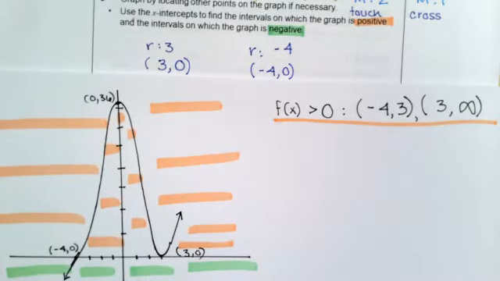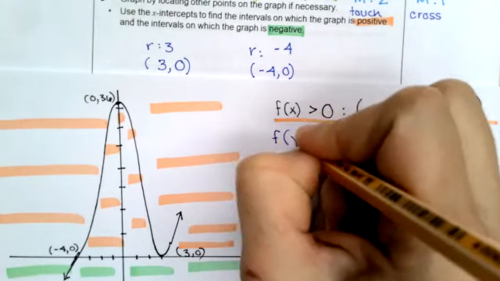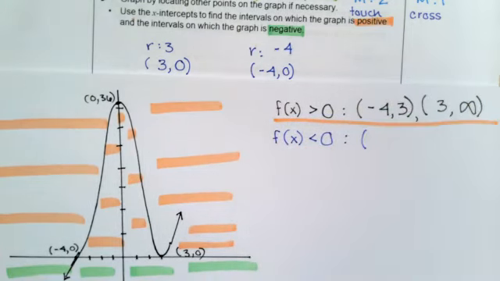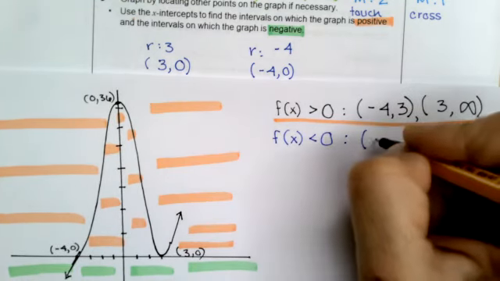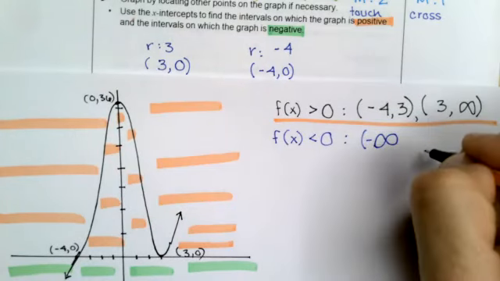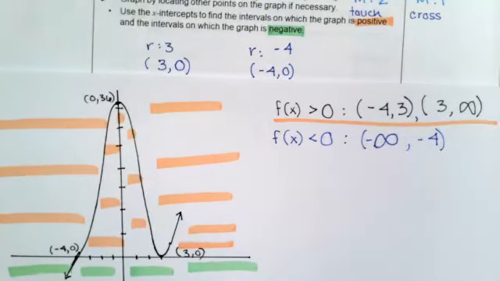And then where is it negative? The way we would write that is f(x) is less than 0, right? Where is it less than 0? Everywhere before -4. So from negative infinity to -4, it's below the x-axis.